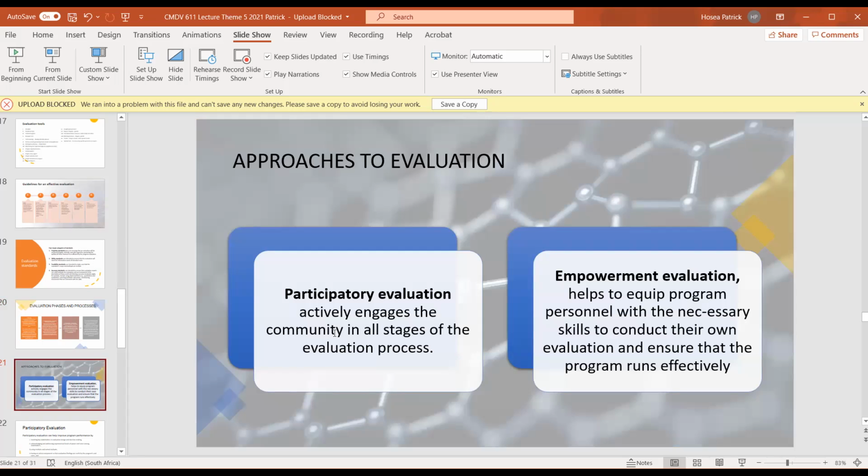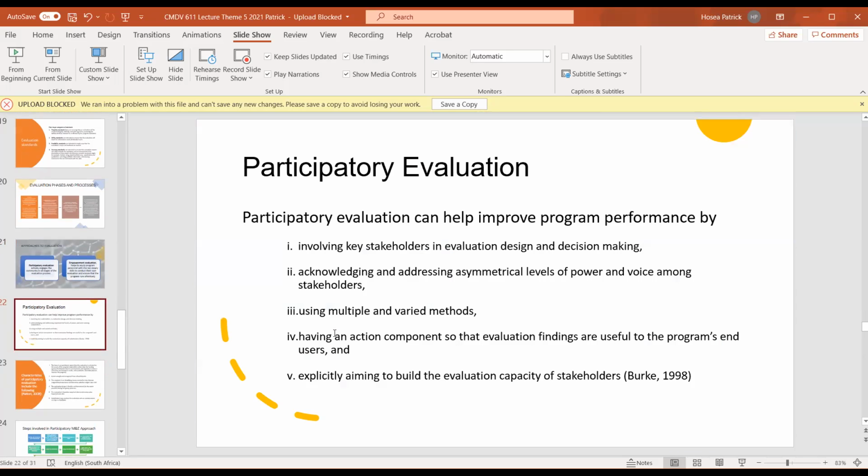And then the empowerment approach to evaluation helps to equip the program personnel with the necessary skills to conduct their own evaluation and ensure that programs run effectively. This one, as the word implies, is empowerment, right? Participatory and empowerment. Let's look at some of those approaches.